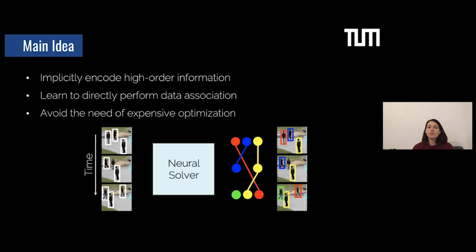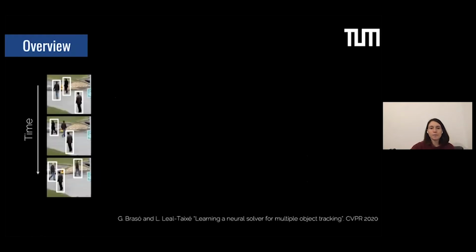We want to learn to perform this data association. And we also want to avoid this need for the expensive optimization. Although we will have a tiny optimization at the end, as I will say later on. So we name this neural network, as you might have imagined, that goes from detections to trajectories, our neural solver.